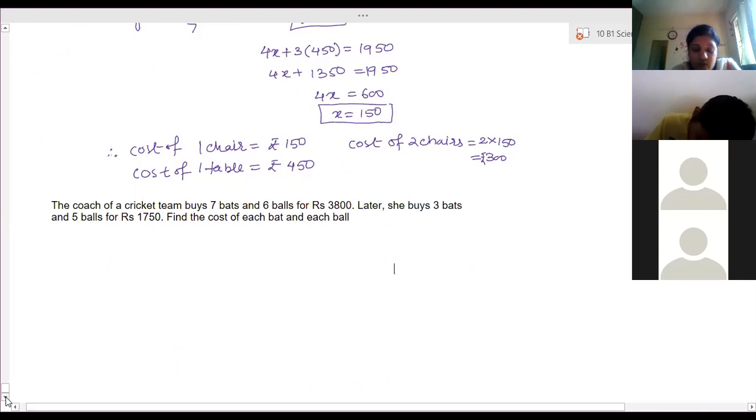There are also many more questions from NCERT.